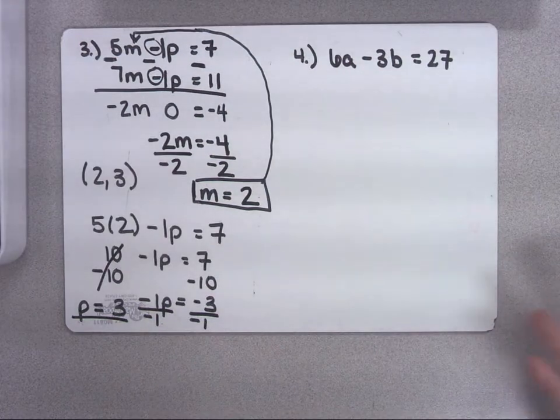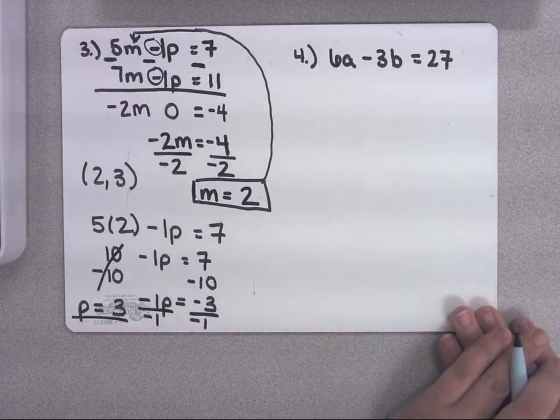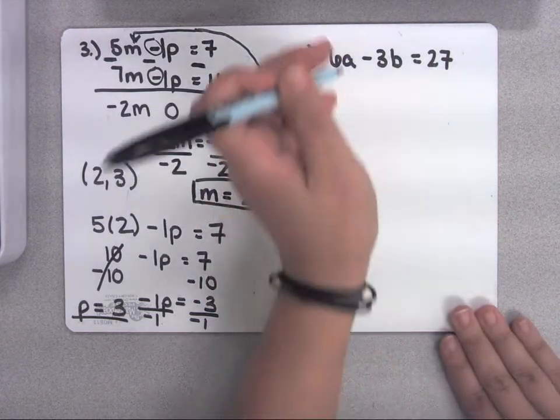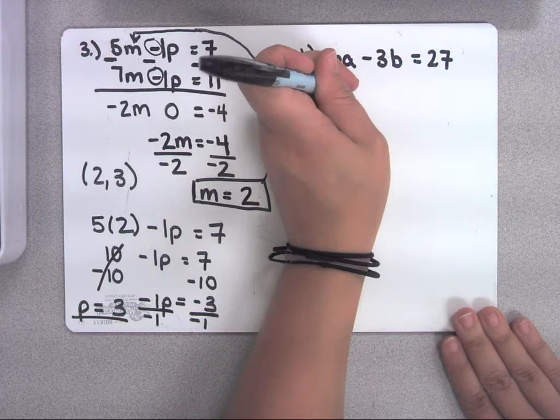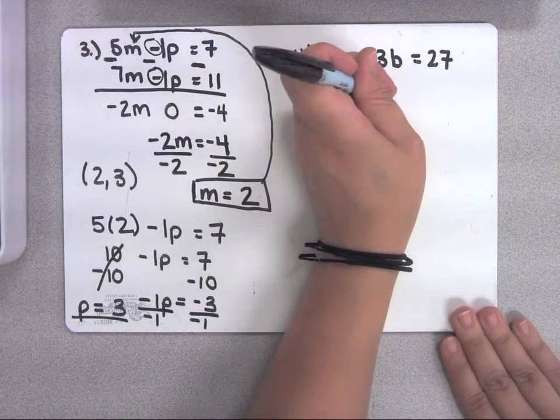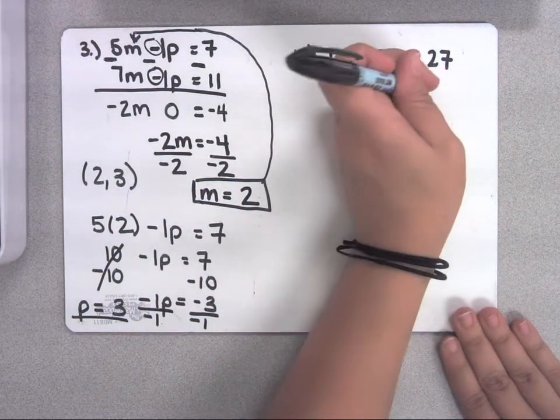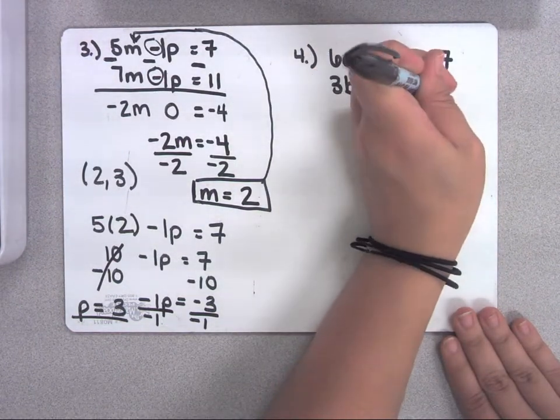I always pick the right side of the board to do this, and it's always a dumb idea. Next one, 3B minus 2A equals negative 11.